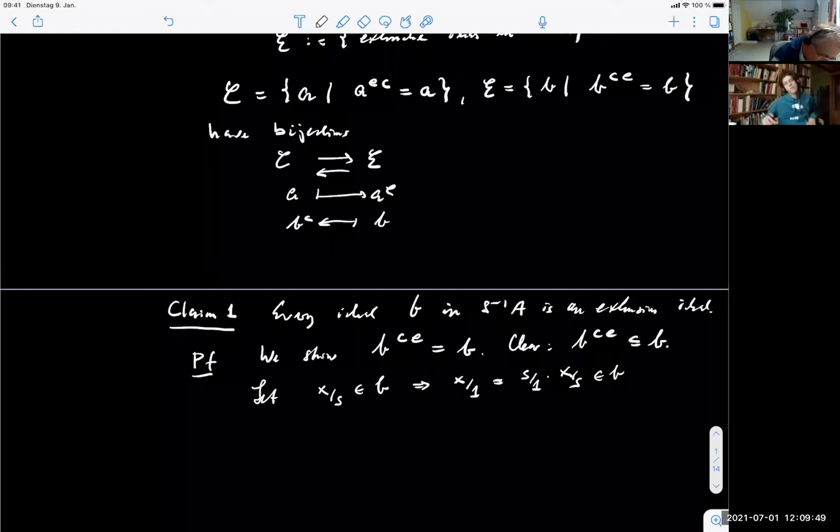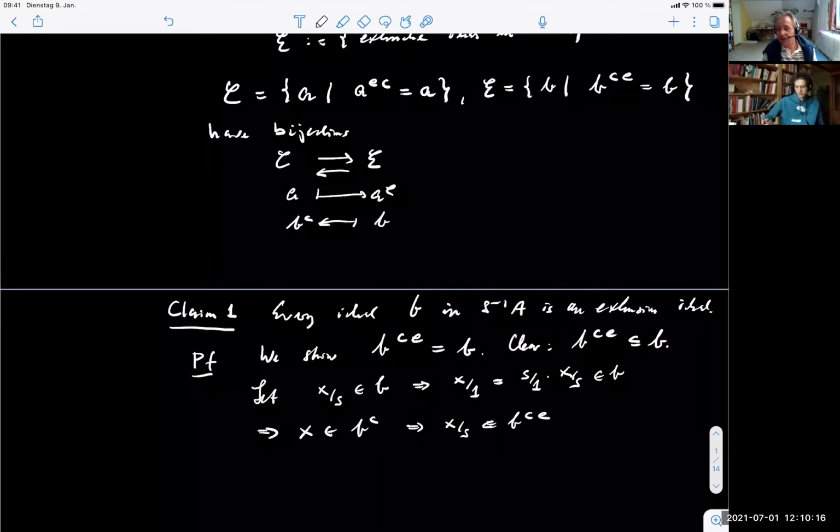So what I see is that X is in B contracted, because remember the map sends X to X over 1. Now X over 1 is in B, so X is in the inverse image, so it's in B contracted. Therefore X divided by S is in B contracted extended.